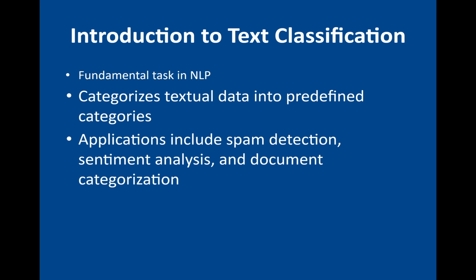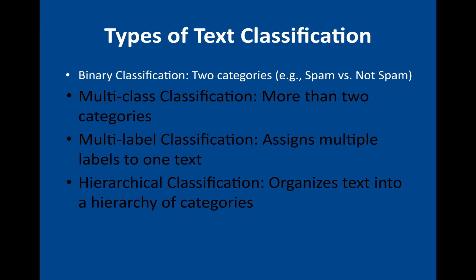And if we talk about the types of text classification, the first one is binary classification, which classifies text into two categories, for example, spam or not spam. Then there is multi-class classification, which categorizes the text into more than two classes, for example, classifying news articles into sports, politics, entertainment, etc. Then there is multi-label classification, which assigns multiple labels to a single text, for example, tagging a blog post as both technology and education.